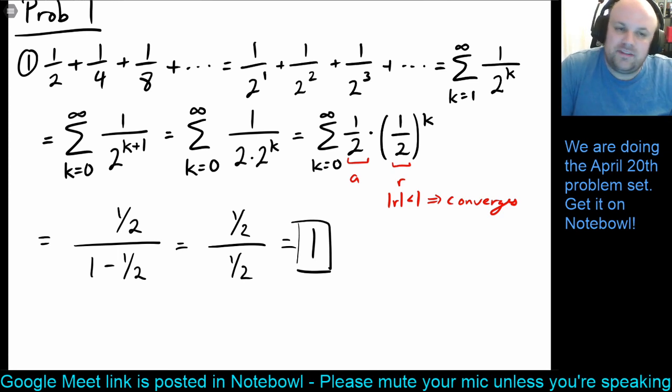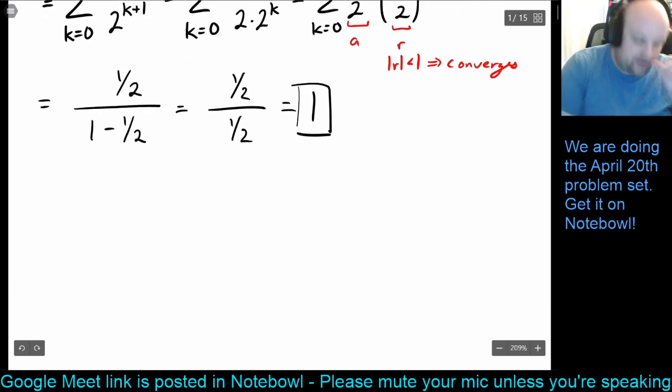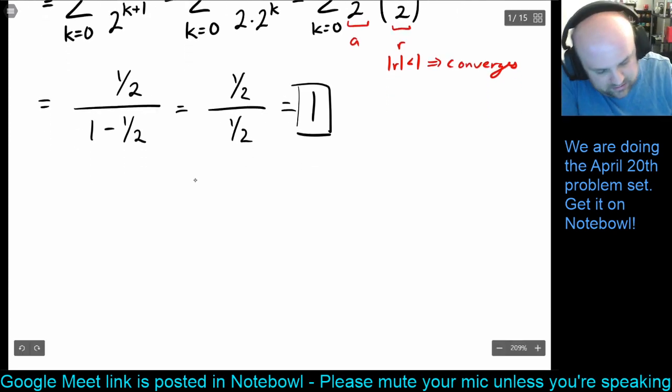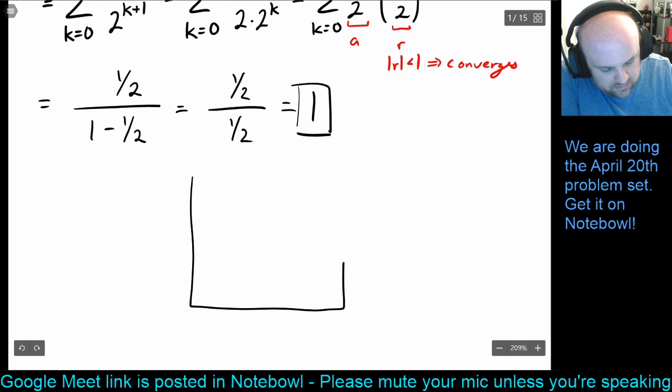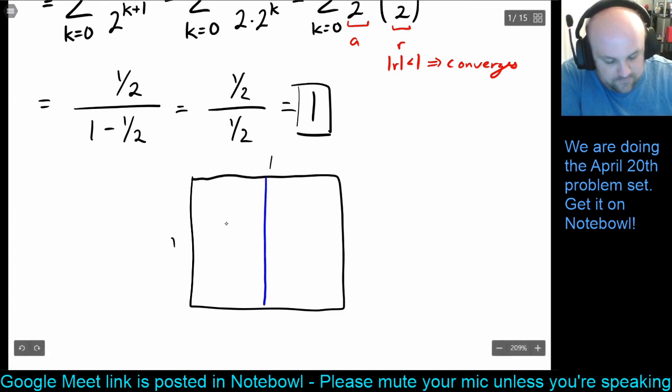Now, what is that geometric argument that I mentioned at the beginning of this problem? How do we solve this thing geometrically? Well, what's really going on here, let's say this is a square with side lengths 1 and 1. What we're doing is saying, all right, the first step is 1/2 here.